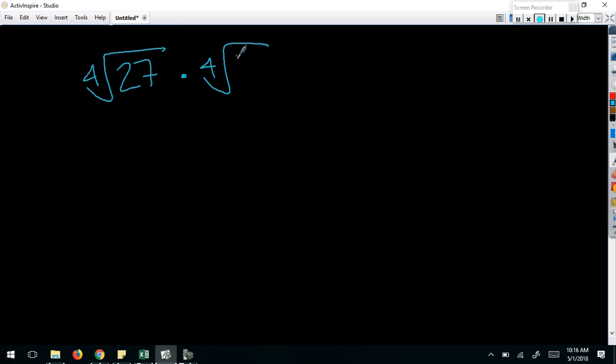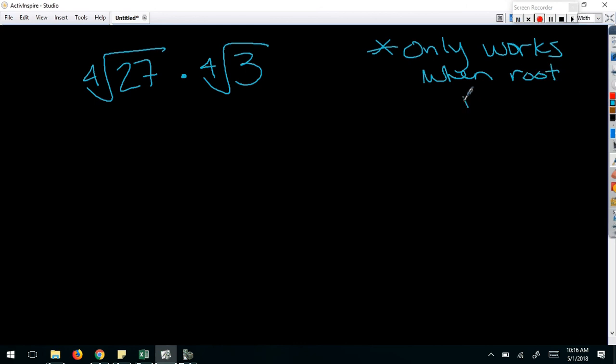What if I had the 4th root of 27 times the 4th root of 3? Now make a note here. Remember, this only works when the root is the same. I can't split up 27 and I can't split up 3, but they're already split up.